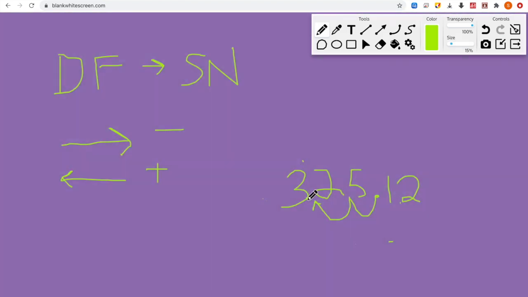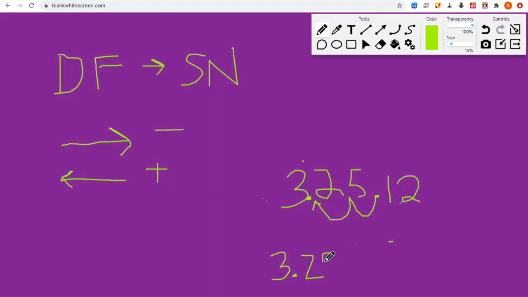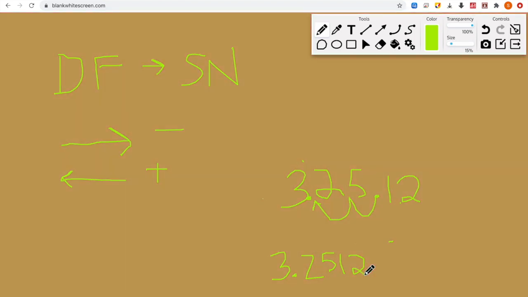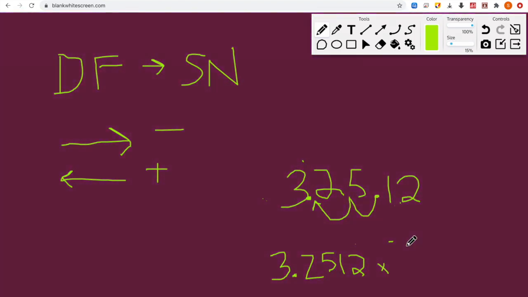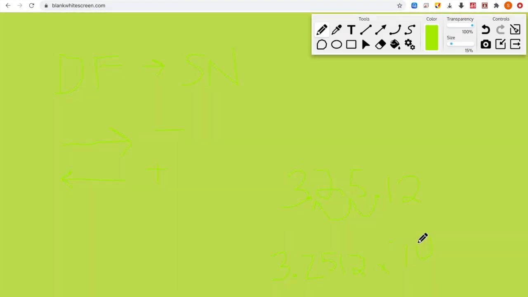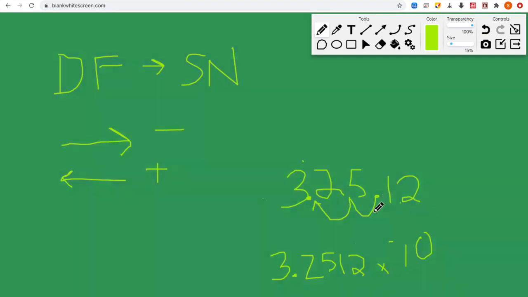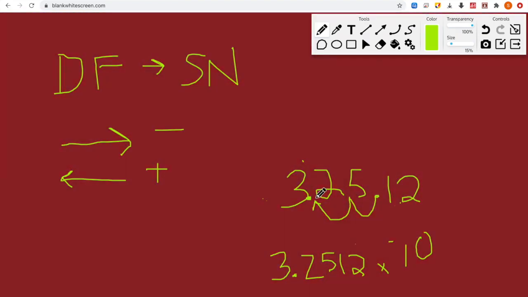Okay, so now we're going to rewrite it. 3.25, and we move the decimal, so 3.2512 times 10. Now once again, let's count how many spaces we moved the decimal. We went over 1, over 2.